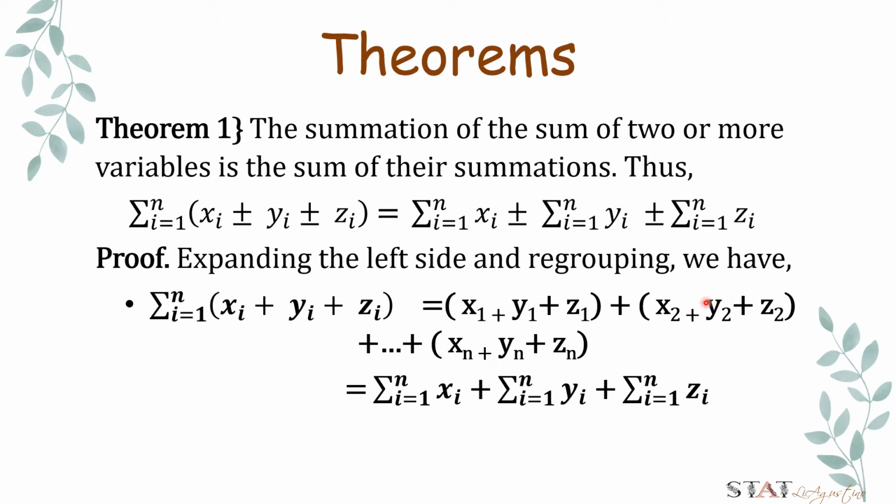Thus, summation of (xi plus or minus yi plus or minus zi), where i ranges from 1 to n, and here n is the sample size, or the number of observations, is equal to summation of xi, where i ranges from 1 to n, plus or minus summation of yi, where i ranges from 1 to n, plus or minus summation of zi, where i ranges from 1 to n.